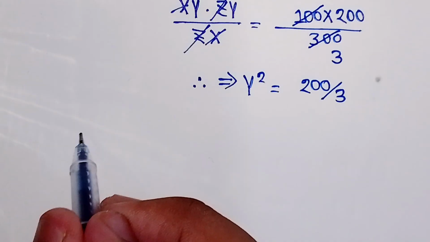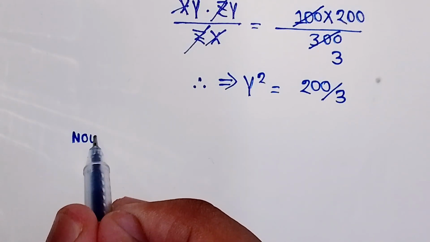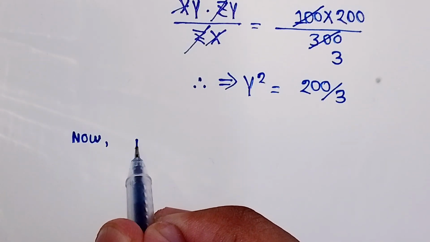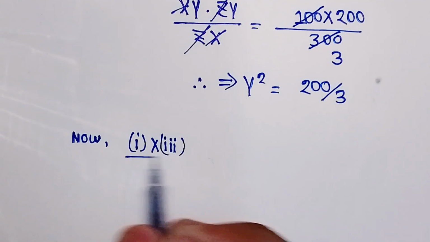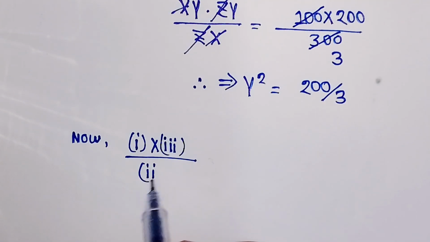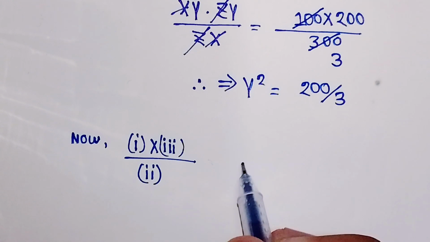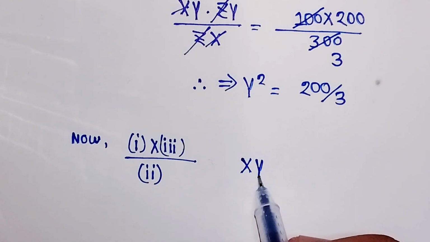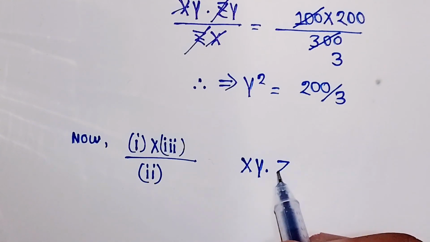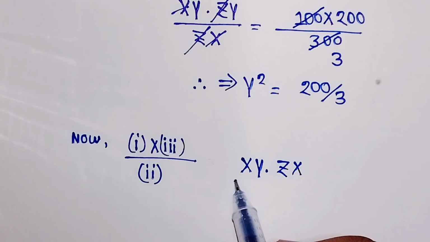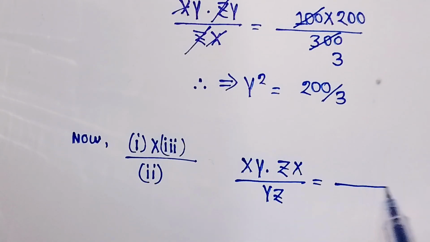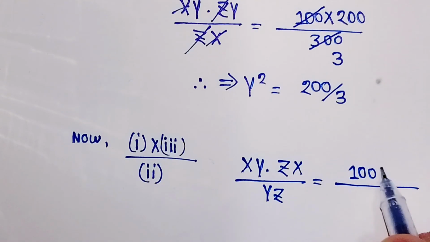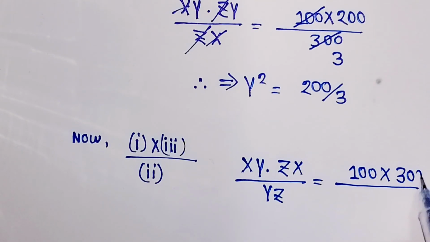After this we have to do equation number 1 times equation number 3 divided by equation number 2. Then we'll get xy times zx divided by yz, which will be 100 times 300 divided by 200.